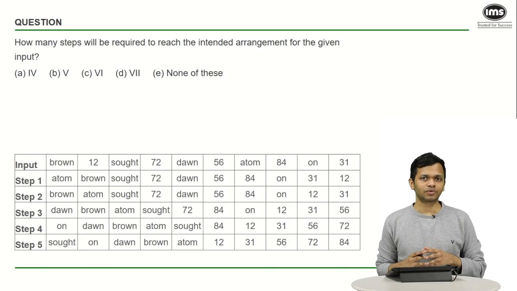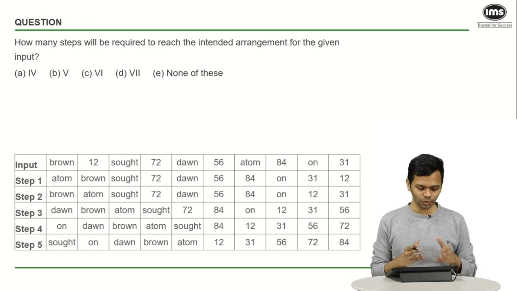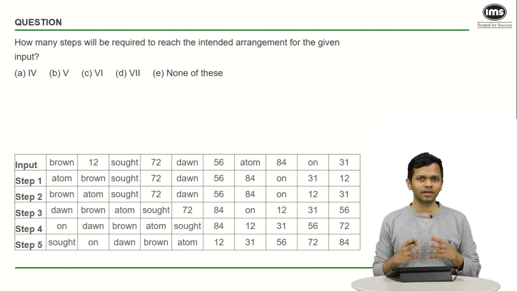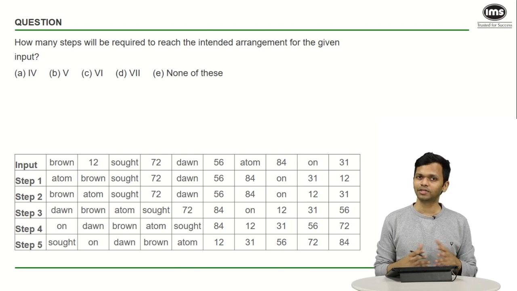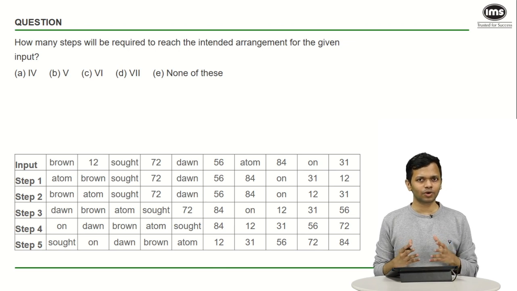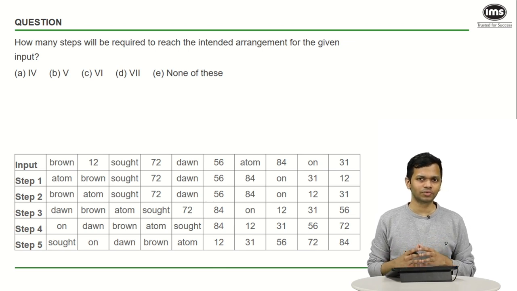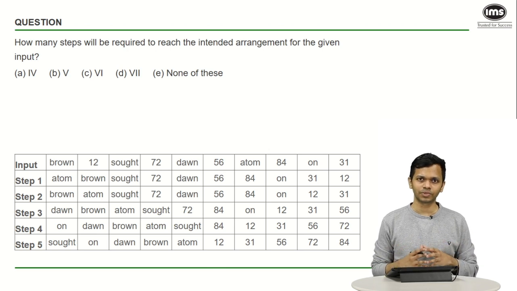Now let's come to the last question. Now think for a moment, do you really need to solve all of this to answer this particular question? And you will encounter these situations in the exam where sometimes you just see a question and you realize that without writing the intermediate steps, the answer is still possible. Why? Because if you look at how many words are there and how many numbers are there, there are 5 words and 5 numbers.